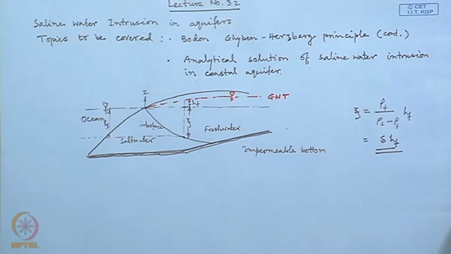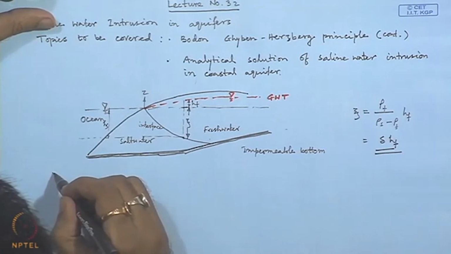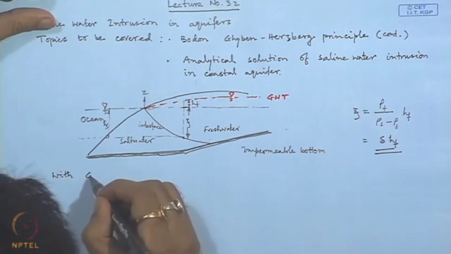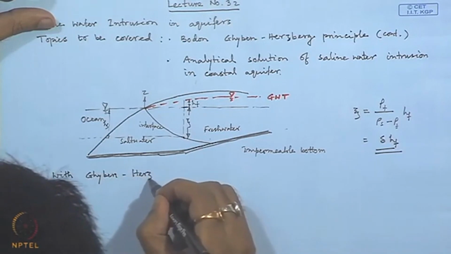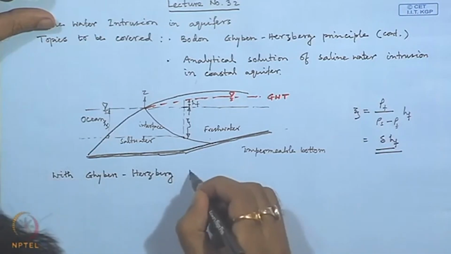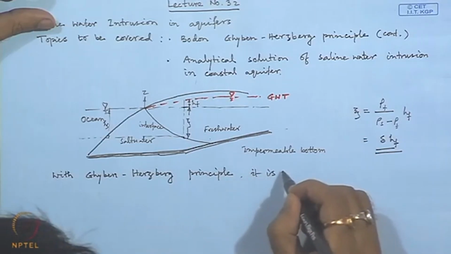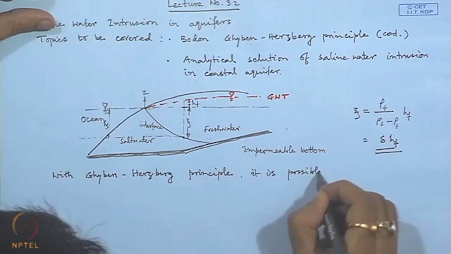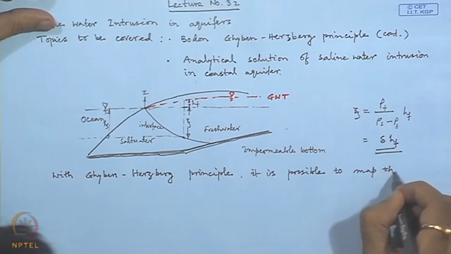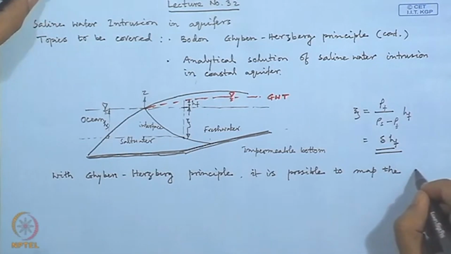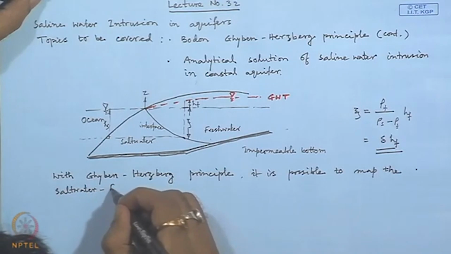With the Ghyben-Herzberg principle, it is possible to map the salt water freshwater interface.